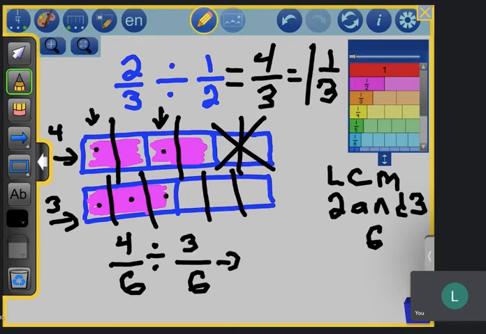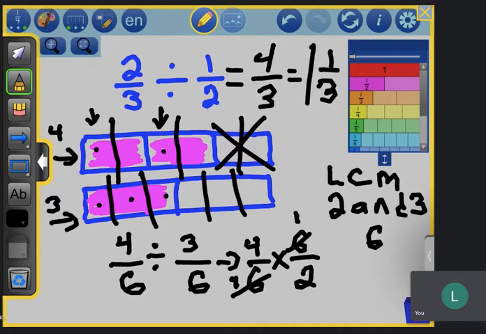Now, if we keep, change, flip, our 6's cancel out, because 6 divided by 6 is 1. So they turn into 1s. They have a common factor of 6, of course, right?